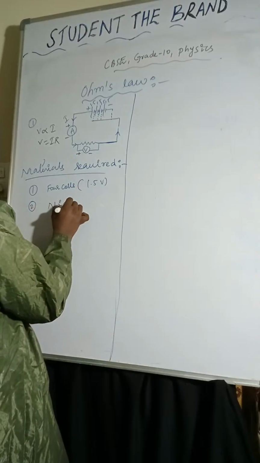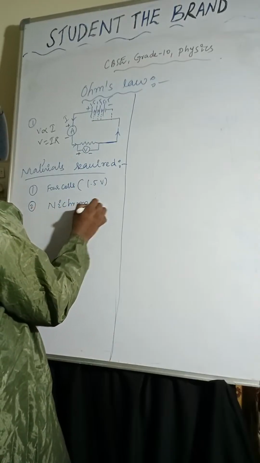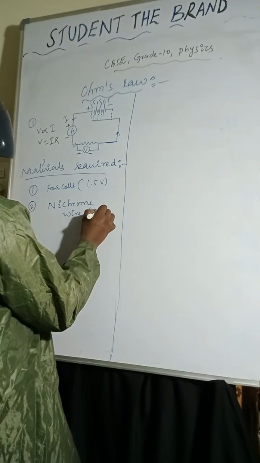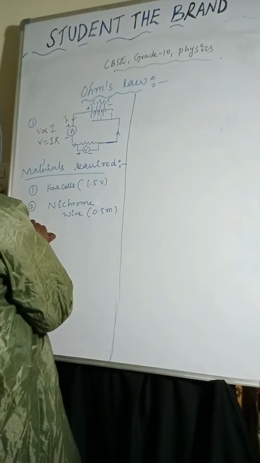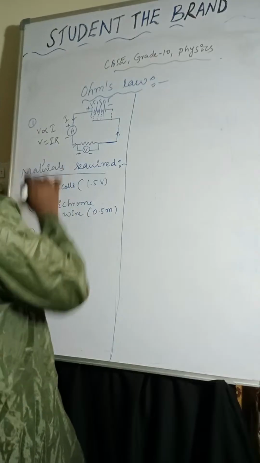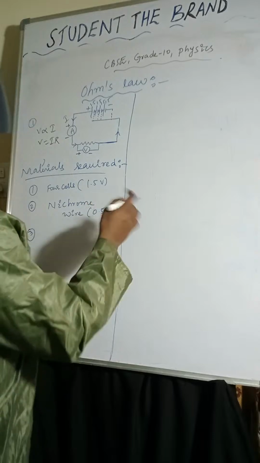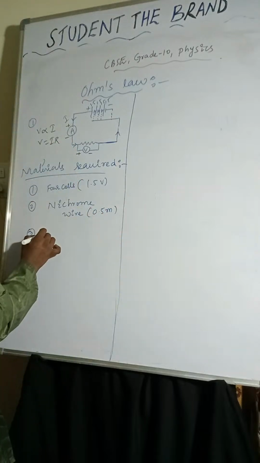Now the second one is nichrome wire. Nichrome wire is an alloy of nickel, chromium, manganese and iron metals.